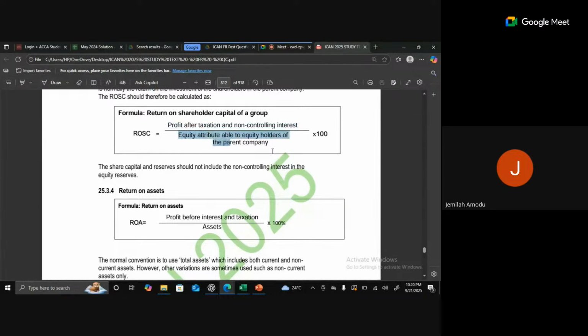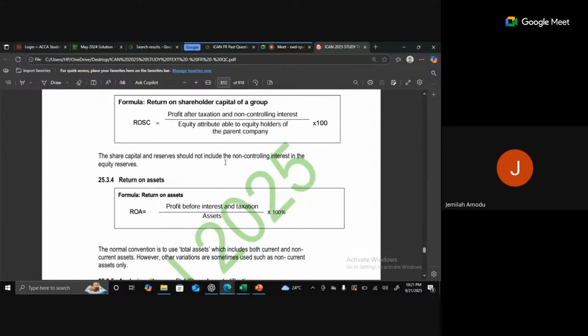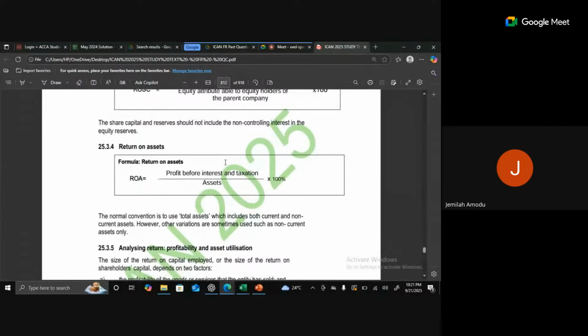Same thing applies to your equity part, right? So an increase or decrease in those elements would lead to an increase or decrease in your return on share capital ratio. So that is how you link them together, and that's how you're able to explain it better.